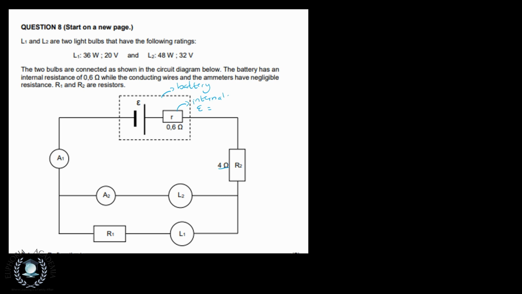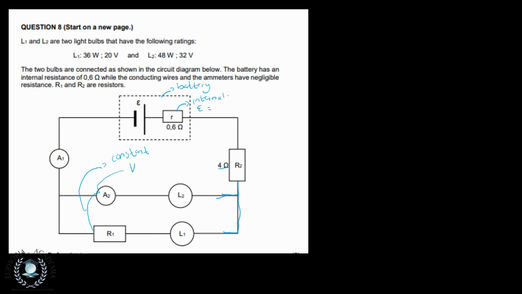In a parallel circuit, we know that the voltage across these two paths will remain constant, but the current will split. The current will split depending on how much resistance each path presents.